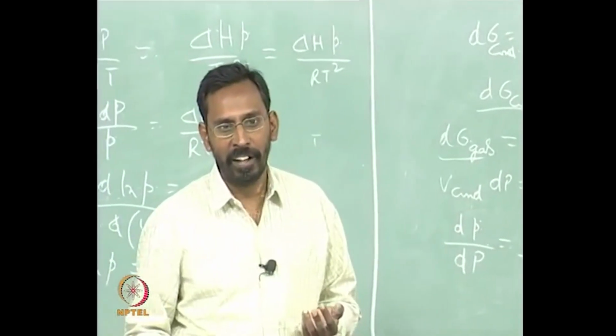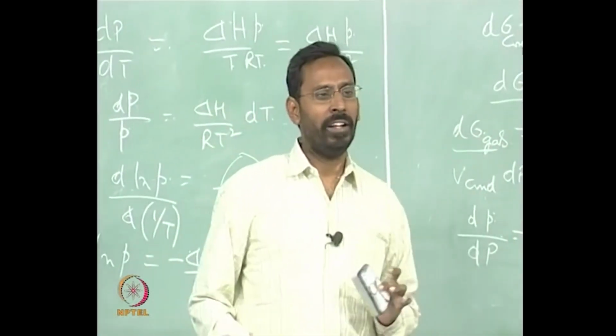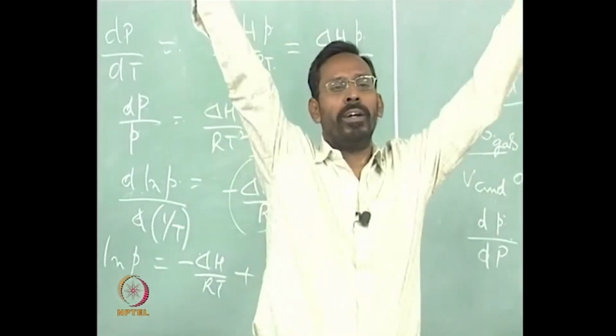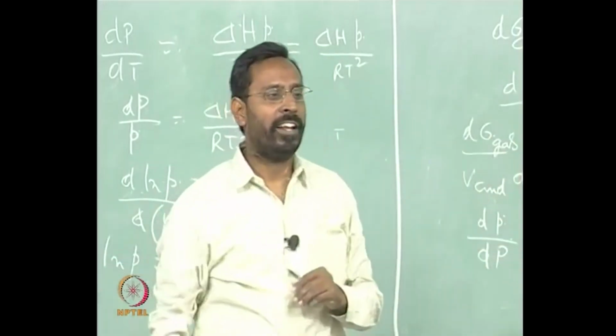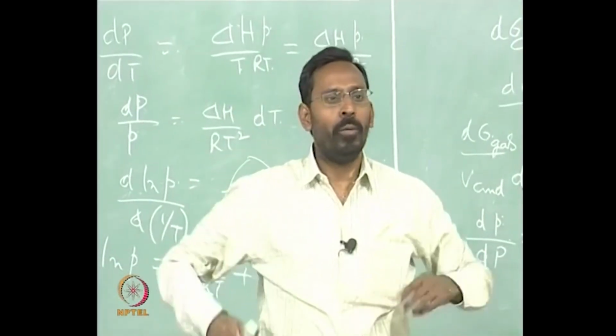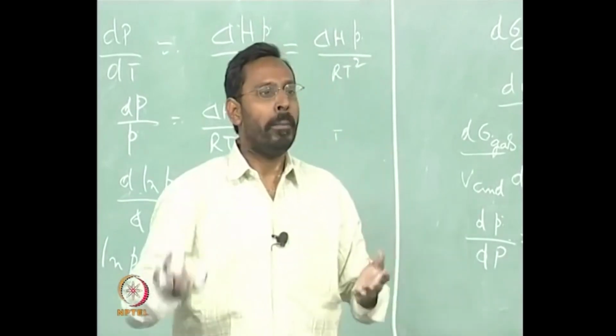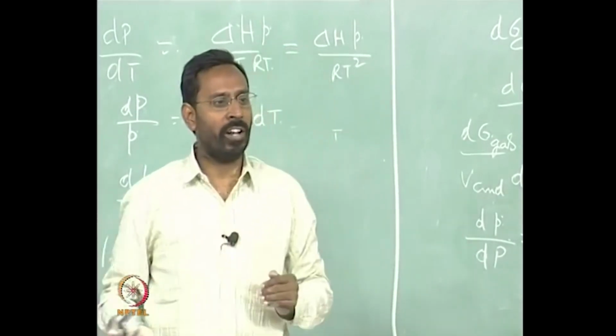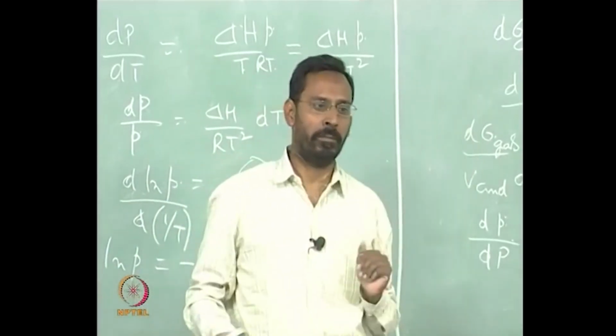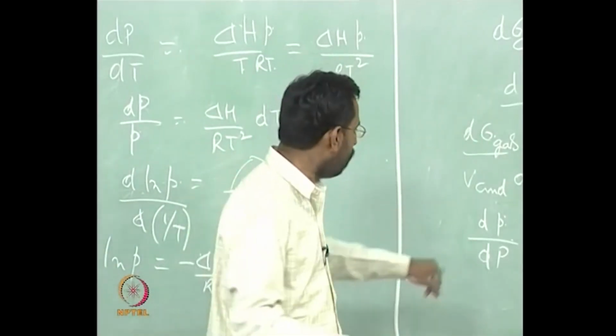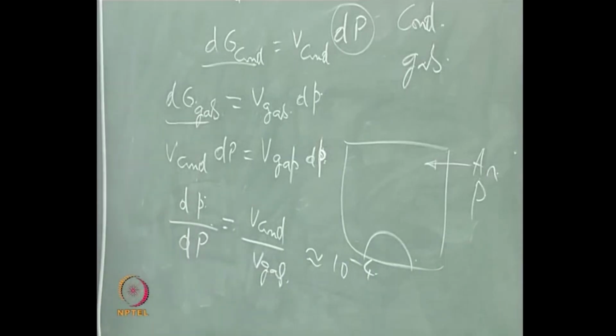Let us say you take a metal, you want to evaporate it to form gas and then condense it and get nanoparticles, and you want to do it at various pressures. The rate of formation of nanocrystals is related to the rate of sublimation, and the rate of sublimation is related to this.